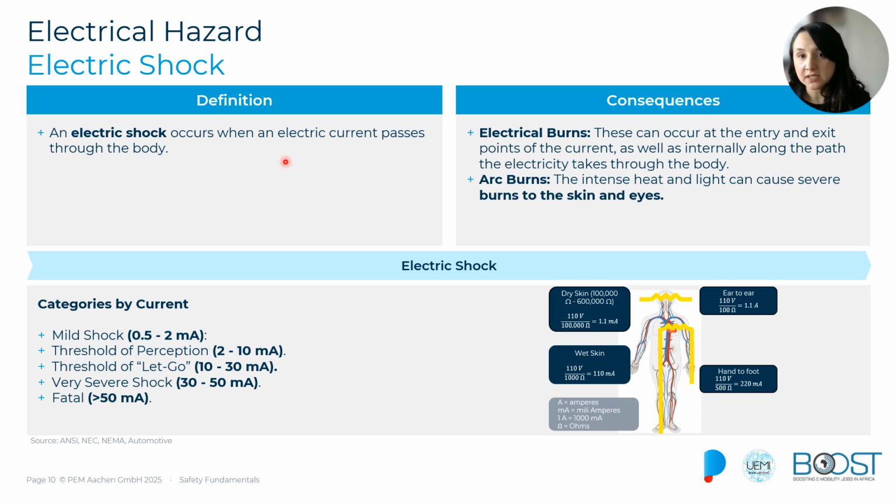The severity will depend on several factors: the amount of current that passes through our body, the voltage, the path that current takes through our body, as well as how long the exposure lasts. The intensity of the current is what matters the most. Even small amounts of current can cause serious harm.